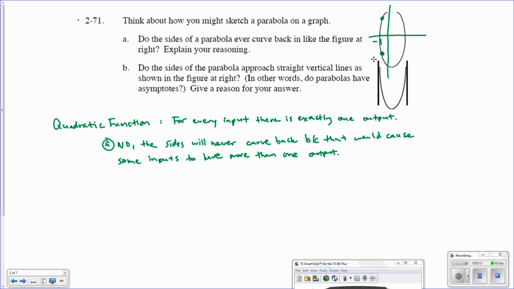So that pretty much would ruin the definition of a quadratic function if it did.